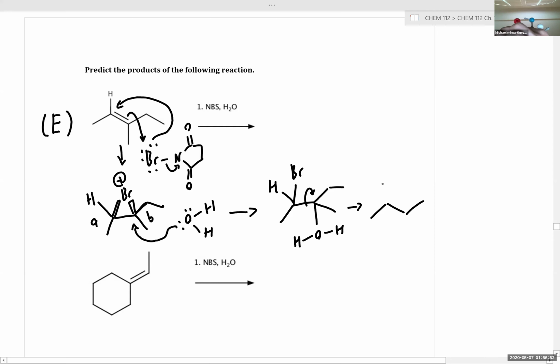Let me rotate this molecule just a little bit. There are many ways of drawing this molecule and the range of products that you'd observe from this reaction. I'm just checking to make sure that we're preserving stereochemistry.